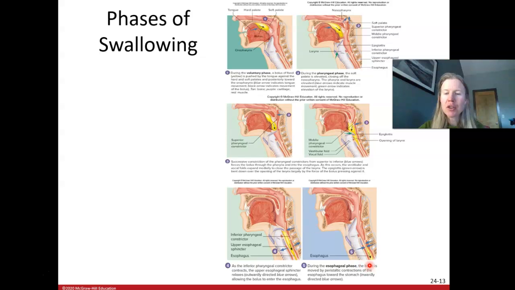Now we're in the esophageal phase, and we're basically seeing peristalsis, pushing the food down towards the stomach. And that's an interesting one. I mean, definitely the stomach is inferior, and so gravity helps, but there is peristalsis in the esophagus to move that food along.